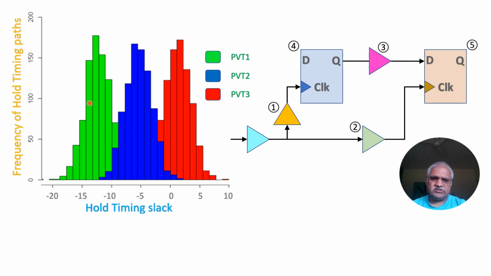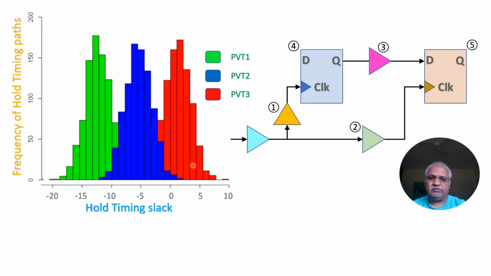Assume this is the fast corner, then there are more failures in the fast corner. Because there are so many different timing paths with different instances, we need to ensure that in the different PVT corners the timing path is fixed, that is, hold is more than 0 nanosecond. So even in this fast corner, all these minus 20 nanosecond and all of them need to be fixed.